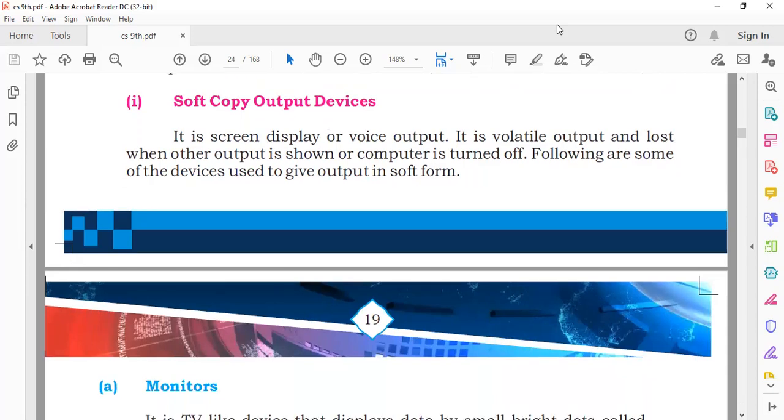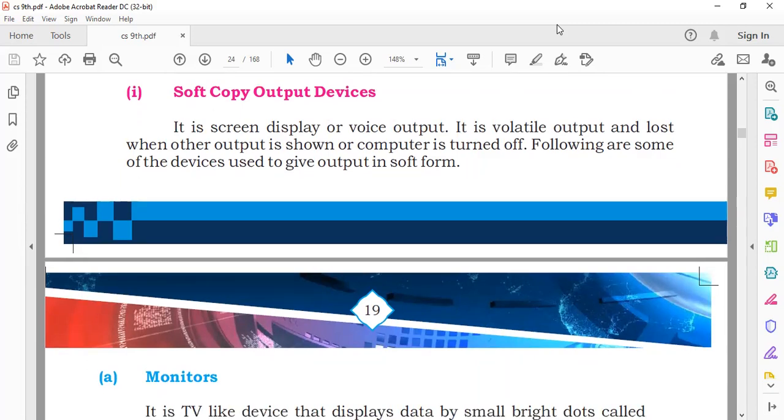So what are soft copy output devices? It is a screen display, or you can say it is a voice output. It can be volatile output and is lost when other output is shown or the computer is turned off. Following are some of the devices used to give output in soft forms. Soft copy is something you get in a computerized form, like the PDF book which I am teaching you of computer science 9th grade.